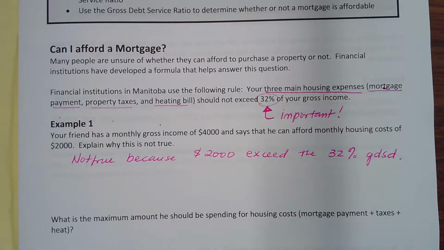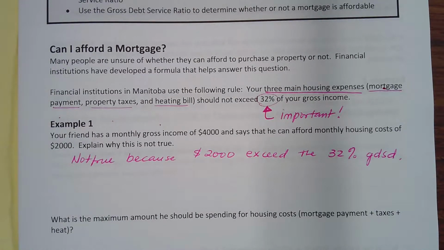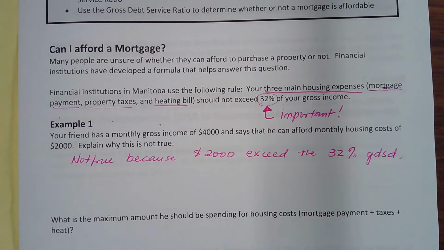It went over. What do you think the percent is of this 2,000? 50. That means half of the income is going to those three things. So you're living off $2,000 for the other stuff, right? So it's not true because 2,000 exceeds the 32%.